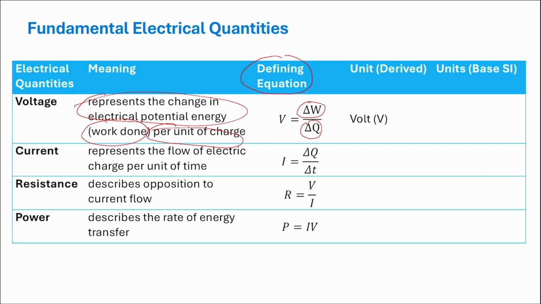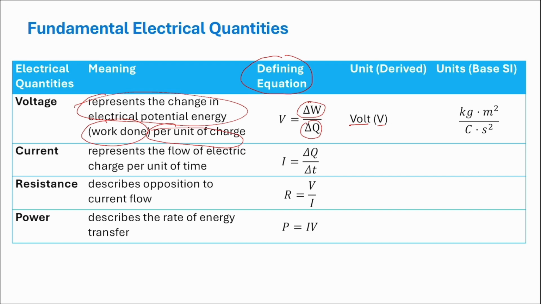The unit for voltage is volt and the symbol is V. However, if we reduce this unit back to the base SI unit, you can see it is kg meter square over coulomb dot second square.